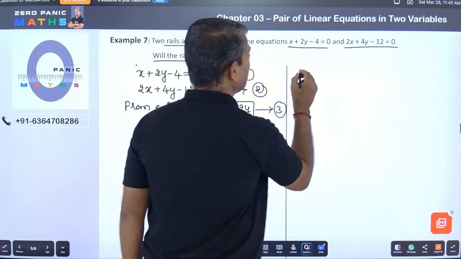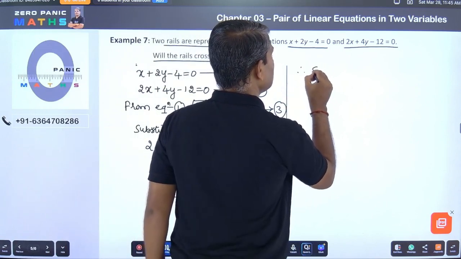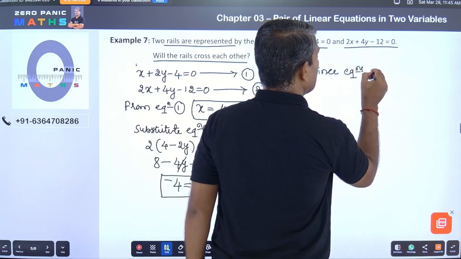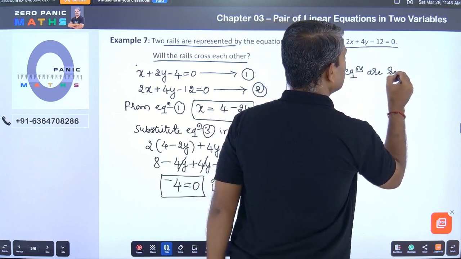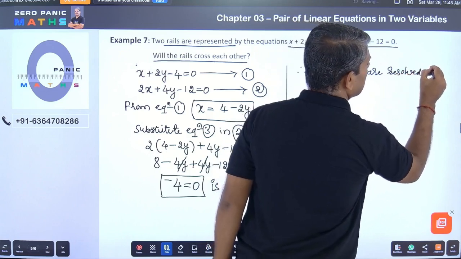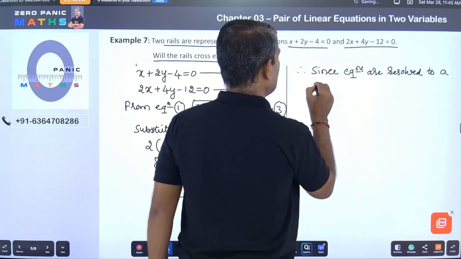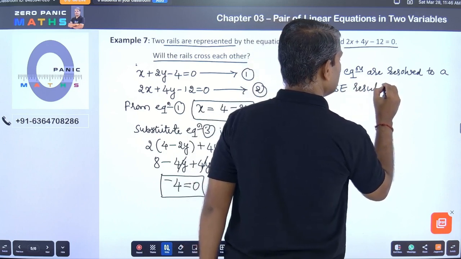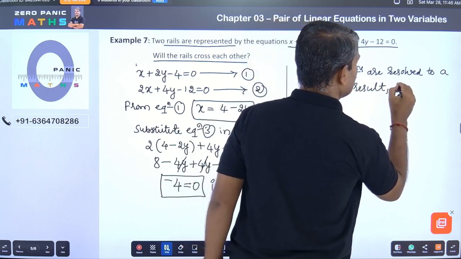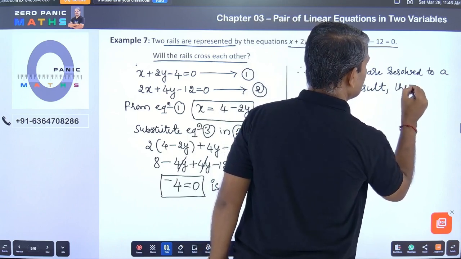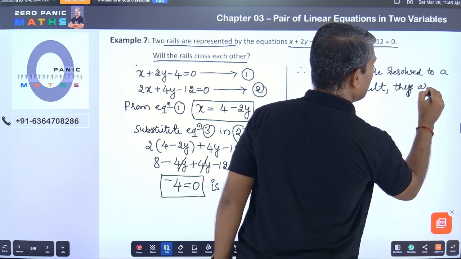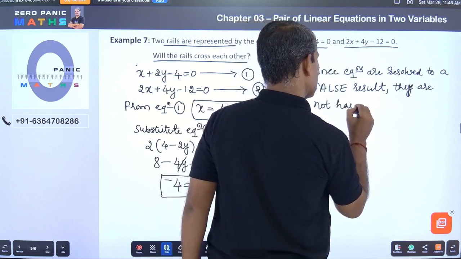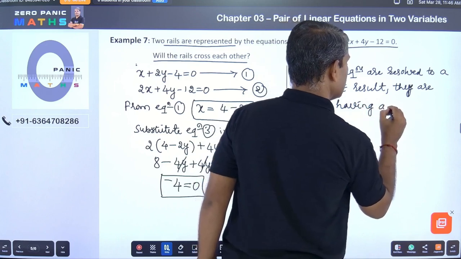Okay, so let us write that conclusion. Therefore, since the equations are resolved to a false result, they are not going to have a solution.